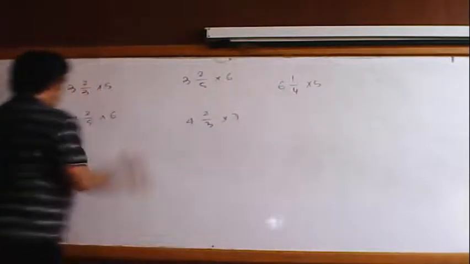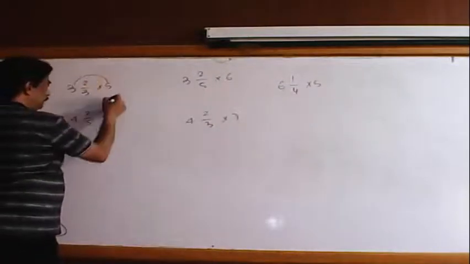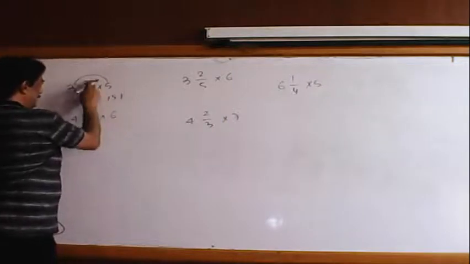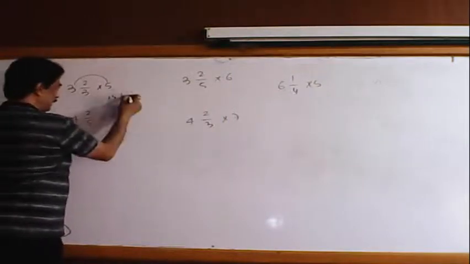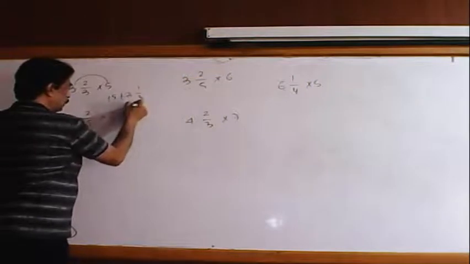Now remember first, 5 3s are 15, 15 plus 10 by 3, 3 will go 3 times, so 3, result is 1 by 3. So 18.